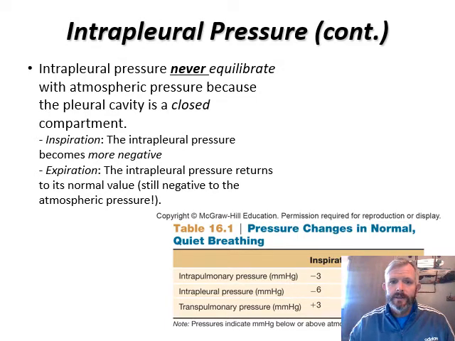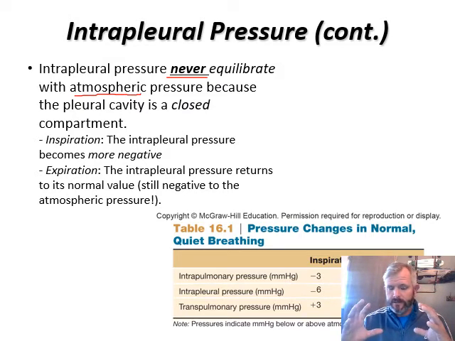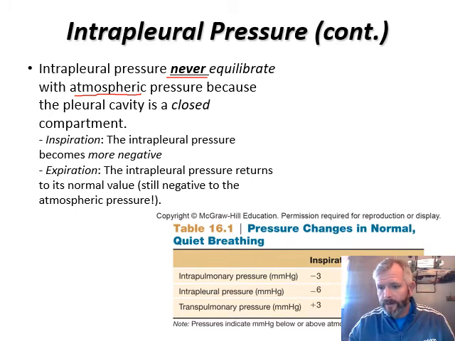The intrapleural pressure never equilibrates, never becomes equal to the atmospheric pressure. It's always subatmospheric, so there's always enough pressure to keep the lungs pushed against the walls. But if that doesn't take place, the lungs are able to recoil.